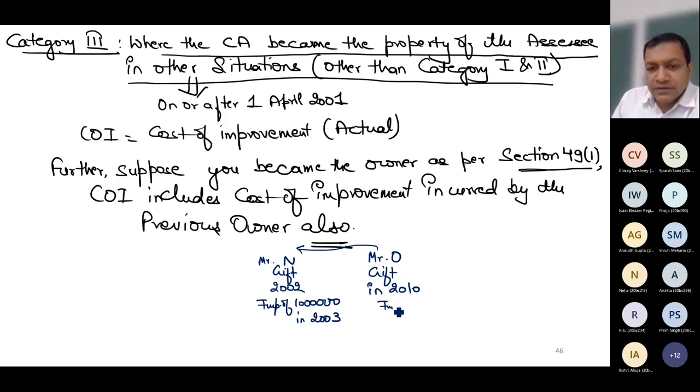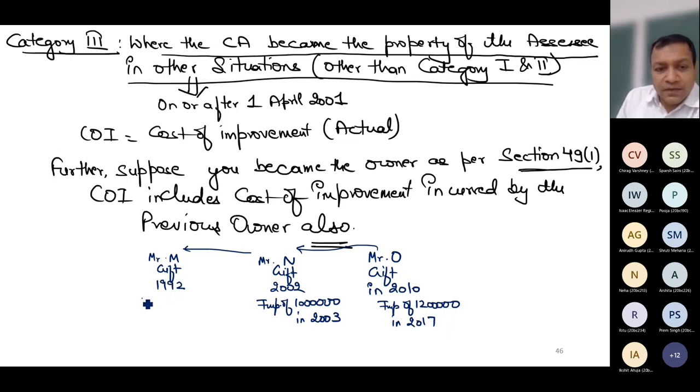O incurred an improvement of 12 lakh in 2017. The previous person, M, also got the property as gift in 1992. He incurred an improvement of 7 lakh in 1997.